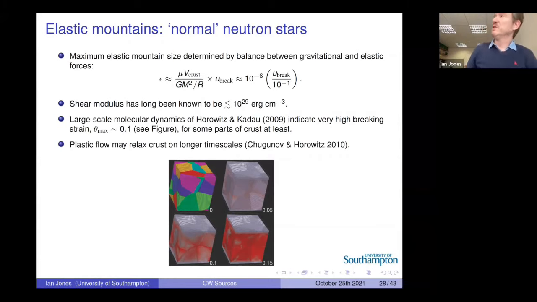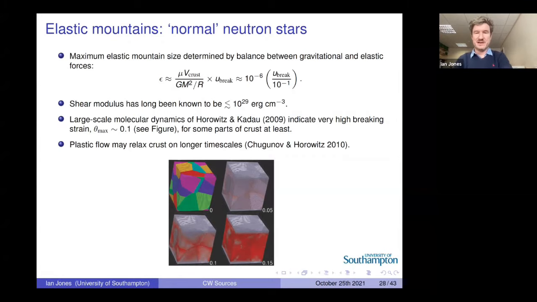The reason for that was that the pressure is very high in neutron star crusts, and that tends to disfavor having defects like voids or dislocations in the crystalline lattice. It makes it difficult for dislocations to propagate. So that's why I've parameterized the breaking strain in units of 0.1, so quite a large angle before it breaks.